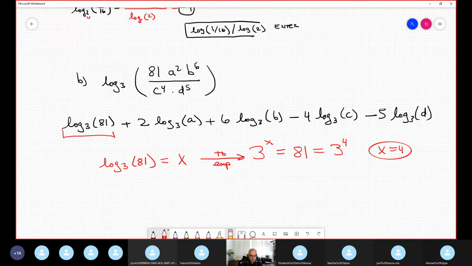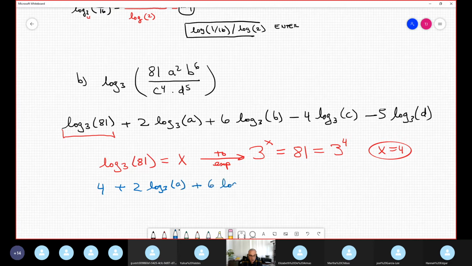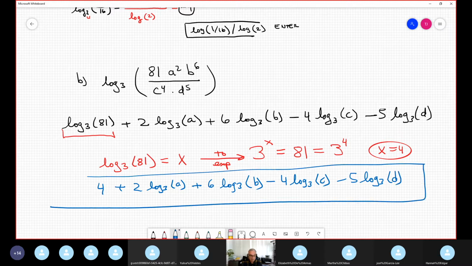And the final answer then is 4 plus 2 times the logarithm of base 3 of A plus 6 times the logarithm of base 3 of B minus 4 times the logarithm of base 3 of C minus 5 times the logarithm of base 3 of D. And this is the final answer. End of the story.